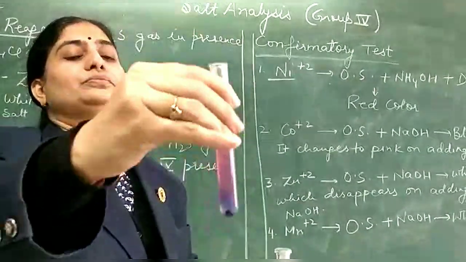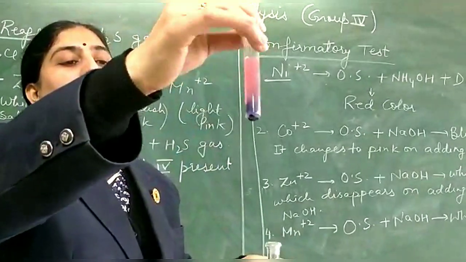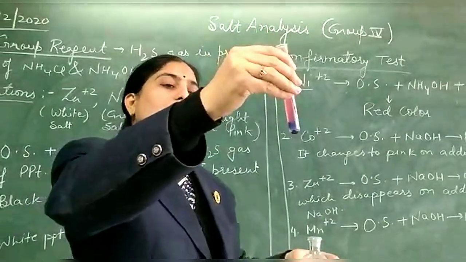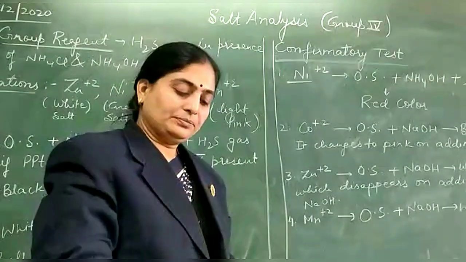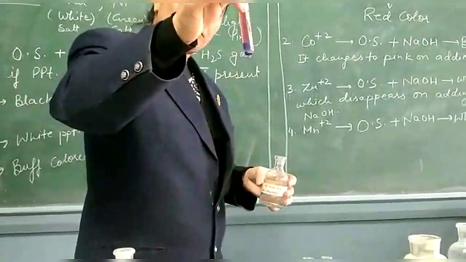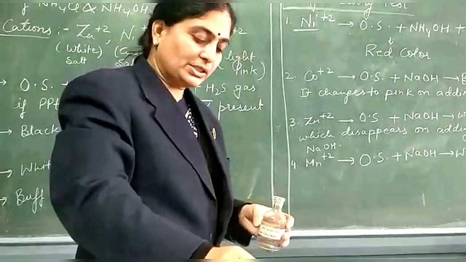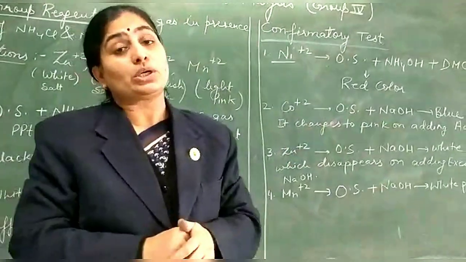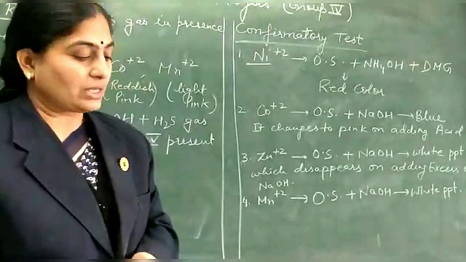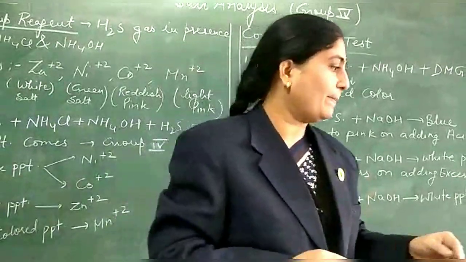So here we have the change in color, and this confirms the presence of cobalt ion. It will change its color after some time as the acid goes into the precipitate, and we will get the complete pink solution, which again changes to blue if we add base. So that goes on continuously.